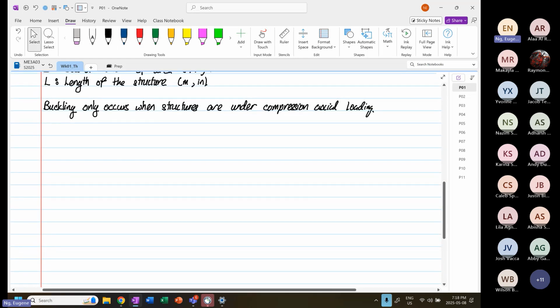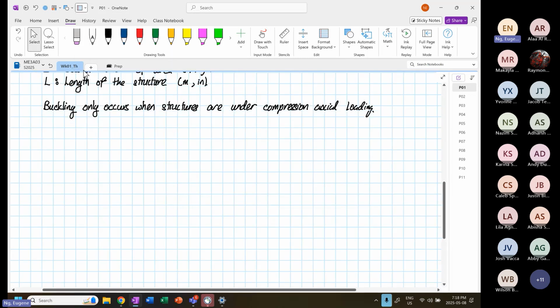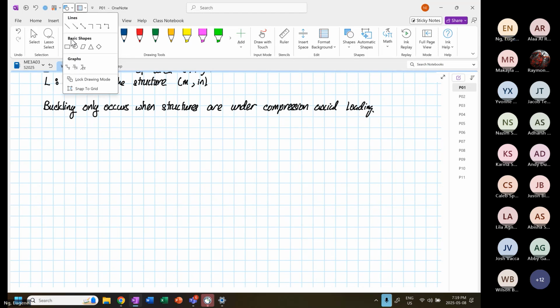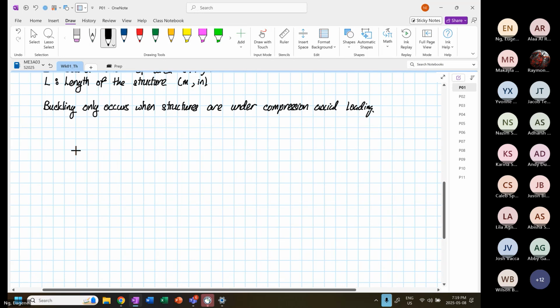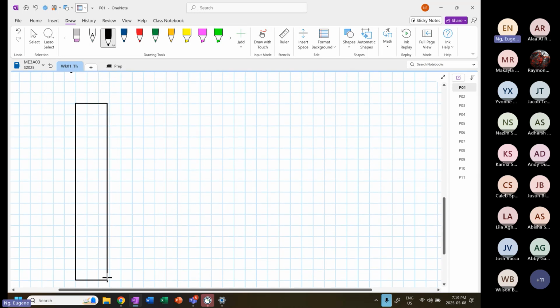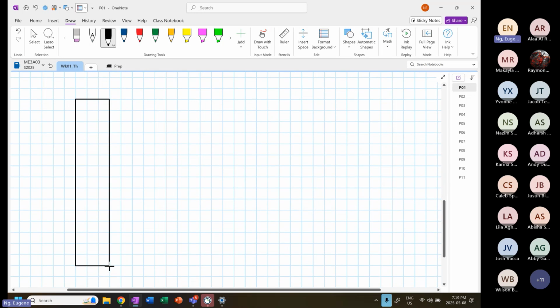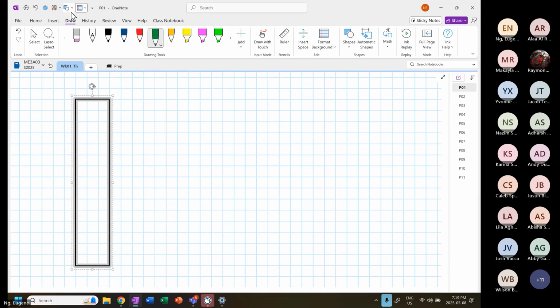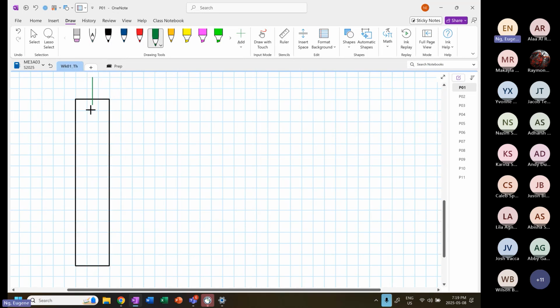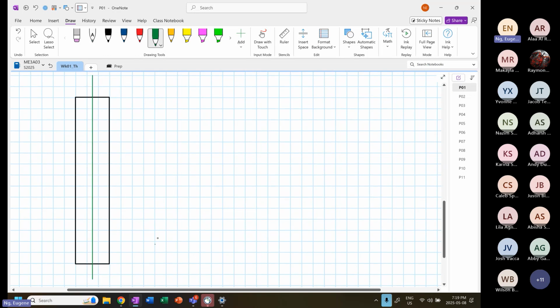For simplicity's sake, we draw a simple structure. Okay, so this is the structure that we have. And then I'm going to sketch a green line, and this green line happens to be the centroid.